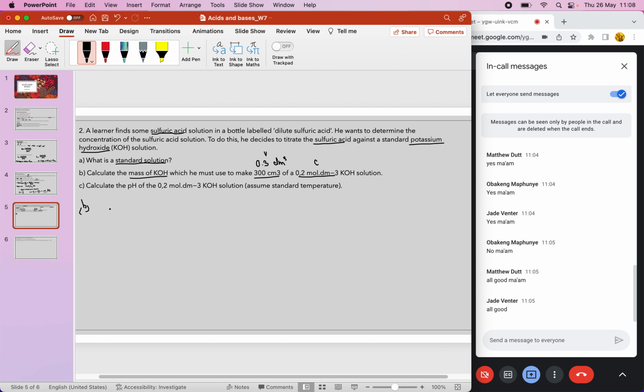We can calculate the number of moles by making it the subject of the formula: concentration times volume. The concentration is 0.2 mole per dm cubed times the volume, 0.3 dm cubed, and the number of moles is going to be 0.06 moles.